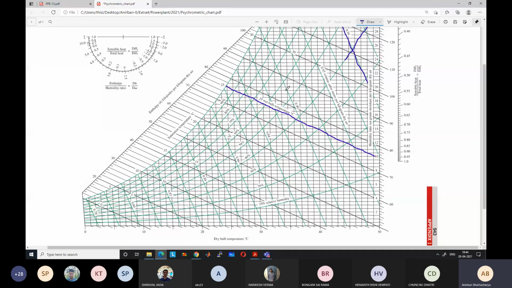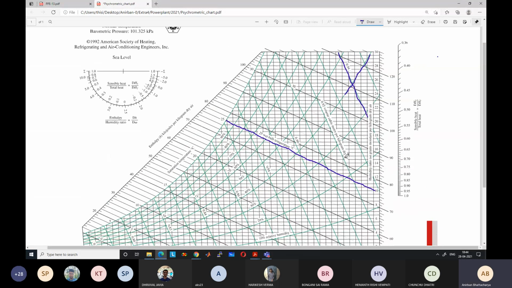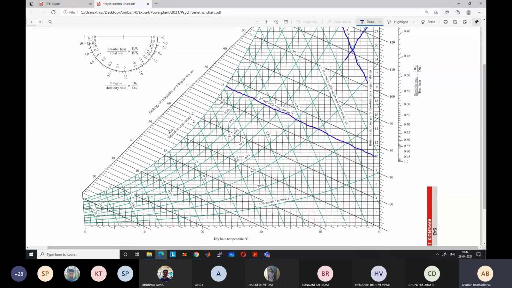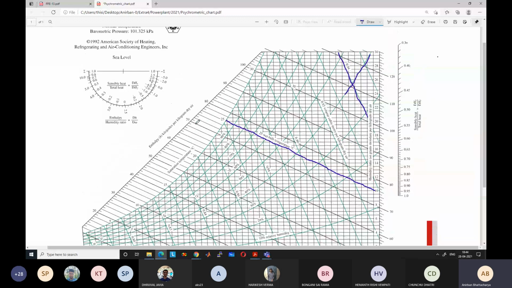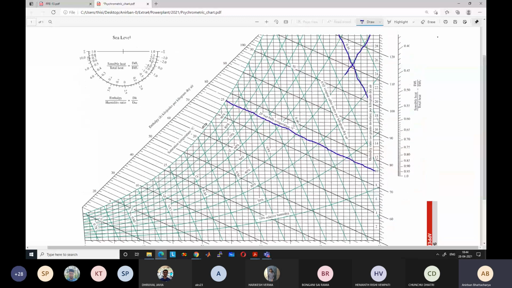And these are the saturation temperature. For example, at 100% relative humidity, for 25 degree wet bulb temperature, the saturation temperature will also be 25 degree. If we have less relative humidity, then we will have less saturation temperature. Saturation temperature is also the dew point temperature for that humidity.